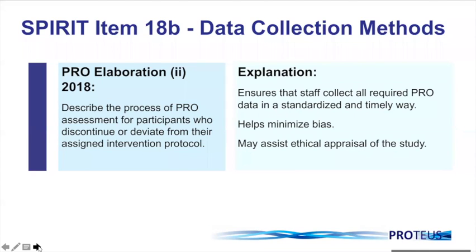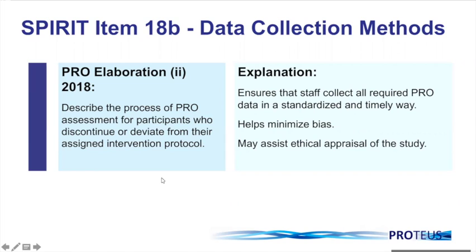The second PRO item relating to Spirit item 18B is an elaboration. And it says, describe the process of PRO assessment for participants who discontinue or deviate from their assigned intervention protocol.